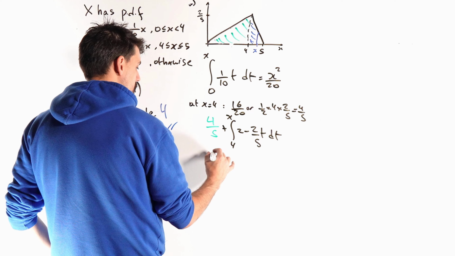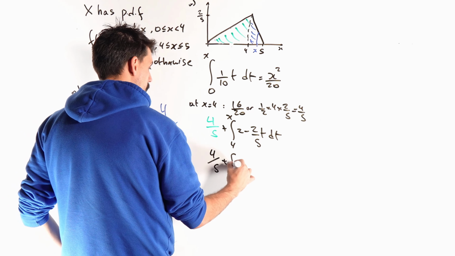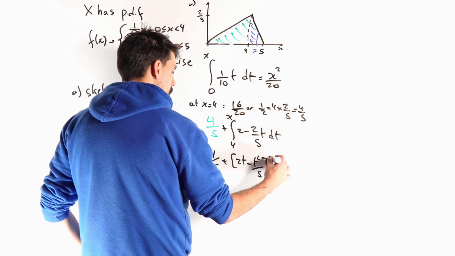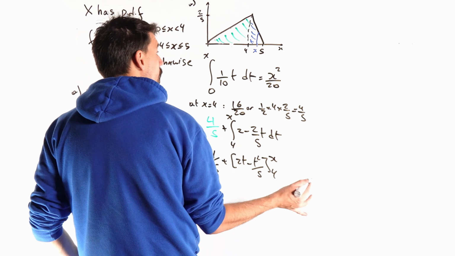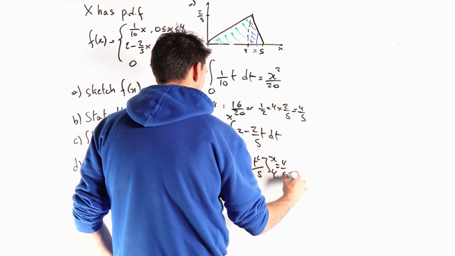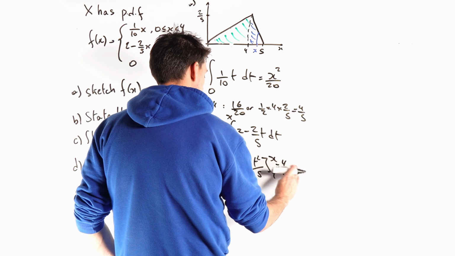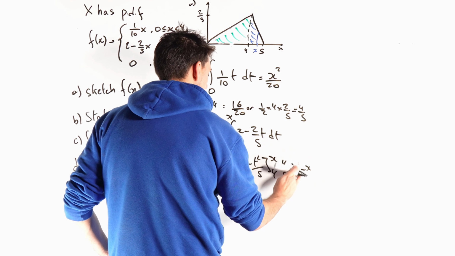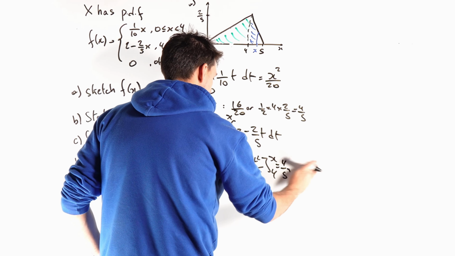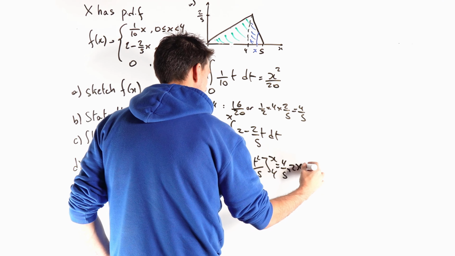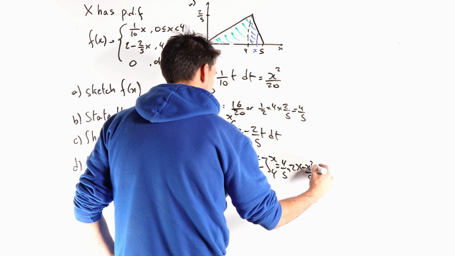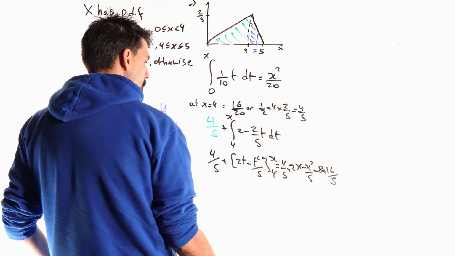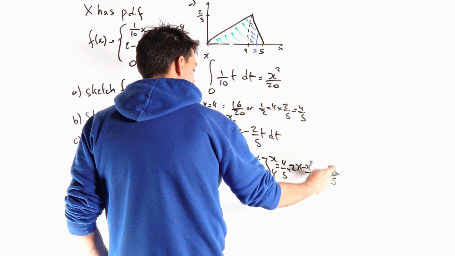You just need to integrate this, which is 4/5 plus 2t minus t squared over 5, between 4 and x, which is 4/5 plus 2x minus x squared over 5 minus 8 plus 16 over 5. Ooh, running out of space there. So what's that? That is 4 over 5 and 16 over 5 is 20 over 5 is 4.